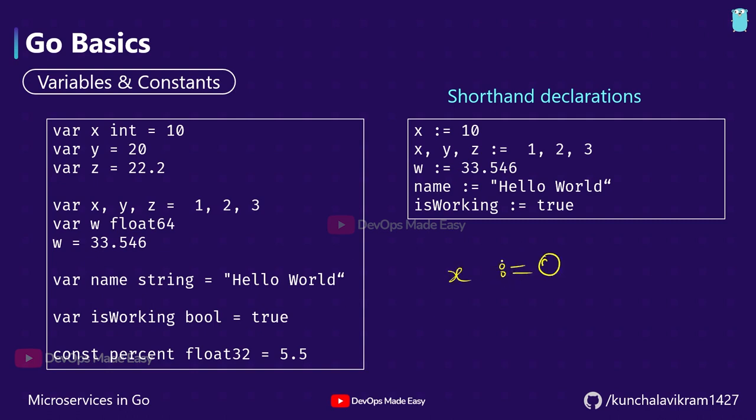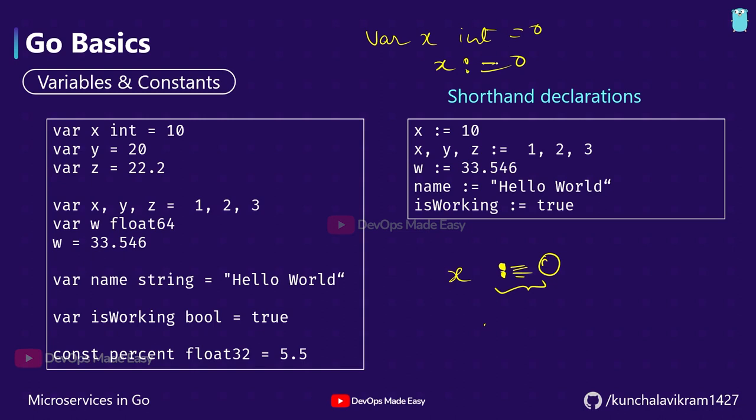So this is a shorthand declaration where we use the colon equal to. So it is just like using var x int is equal to 0. In the shorthand we are using x colon is equal to 0.